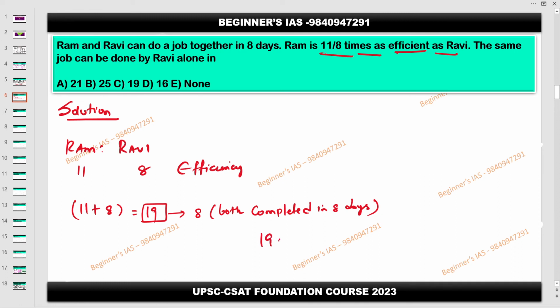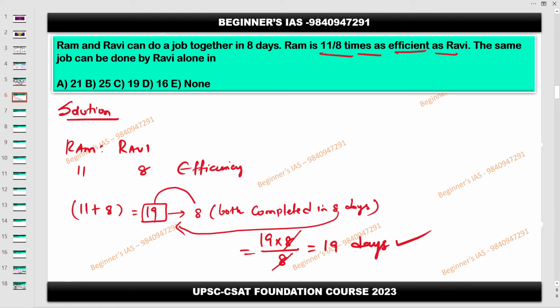So here 19 into 8 by 8, cancel the 8 and 8, and you get 19 days. Simple. Not clear, sir. Listen carefully: 19 into 8 divided by 8 gives the time for the job done by Ravi alone.